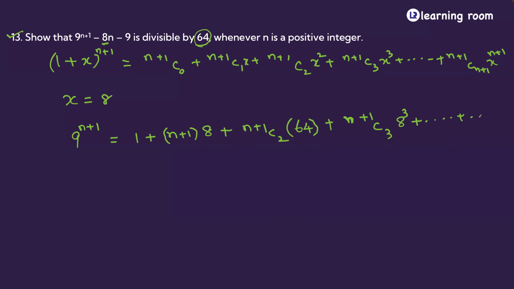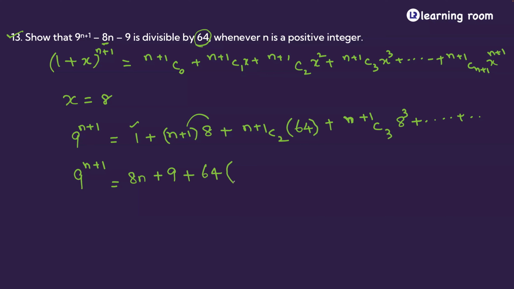So what I will do is 9 power n plus 1, I will leave it as it is, is equal to, listen to this carefully, 1 plus 8 into 1 is 8. So 1 plus 8 is going to give us 9. So I'll write the 9 here plus 8n plus 64.